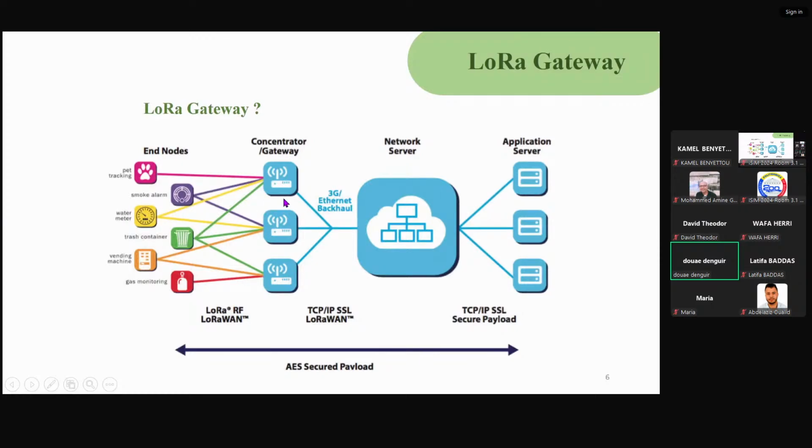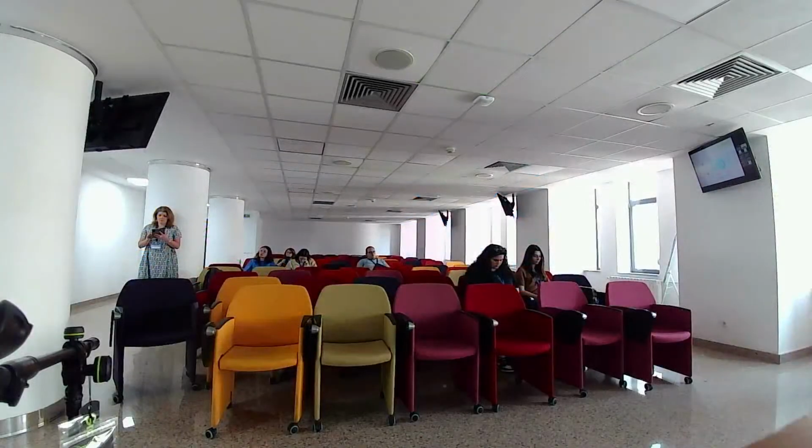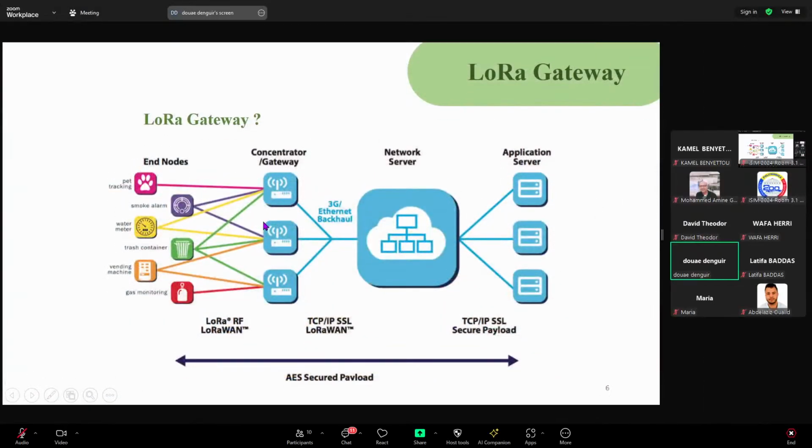And the last step is forwarding, which means sending this data to a network server via Ethernet, Wi-Fi, or cellular connection. Here is our network server. What does it do? It manages and processes data, ensuring security and deduplication.